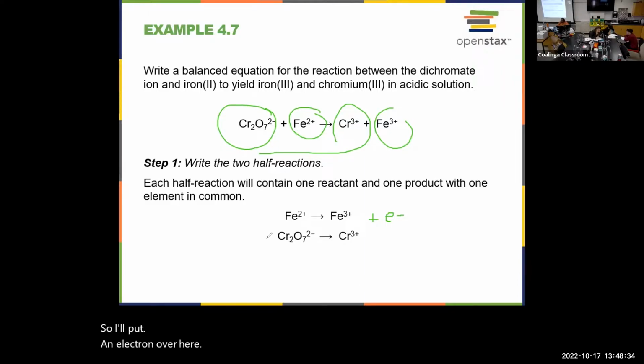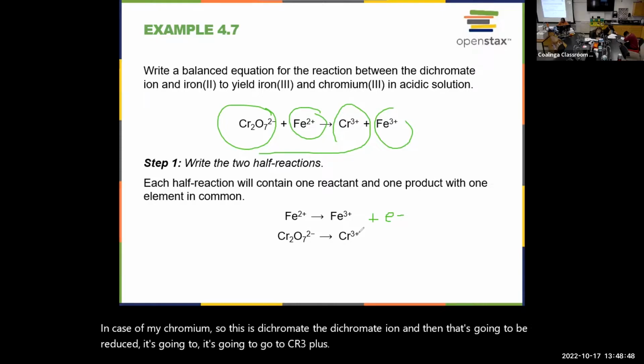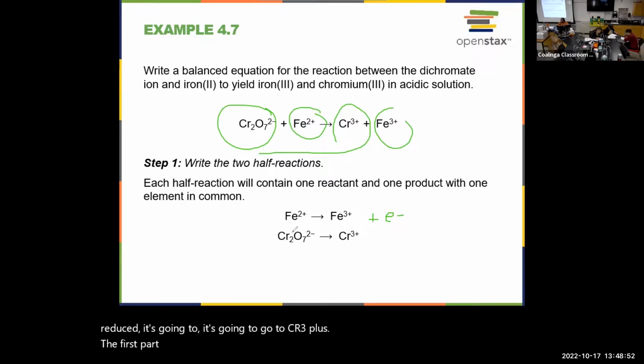Okay. Now, in case of my chromium, so this is dichromate, the dichromate ion, and that's going to be reduced. It's going to go to Cr3 plus. So the first part of that rule was to balance out those oxygens, or first off, balance out your element.